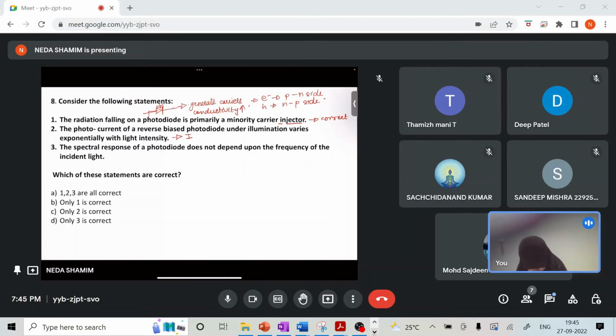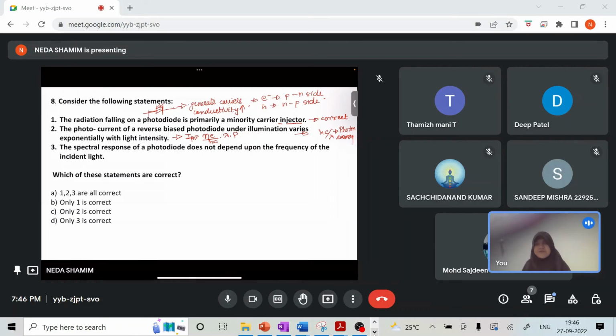So this photocurrent is basically eta e by hc times lambda times whatever is the optical power. hc by lambda is the photon energy, and eta is the efficiency.